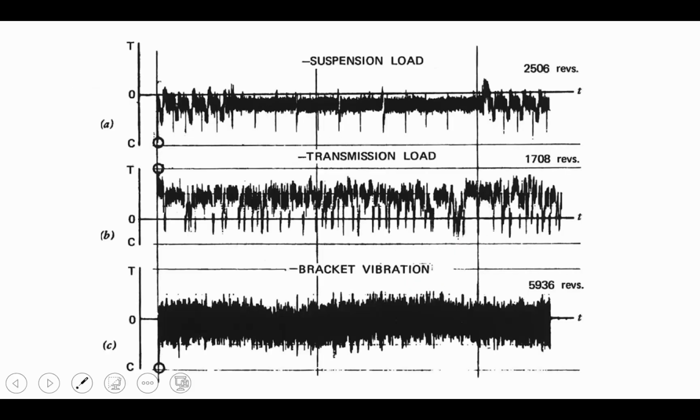Another example we have here is for an automobile. An automobile is a system of components, and depending on the part that we're looking at and the sensors that we've placed, we can end up with completely different styles of variable amplitude loading, whether it's suspension loads, transmission loads, or bracket loads in an automobile.